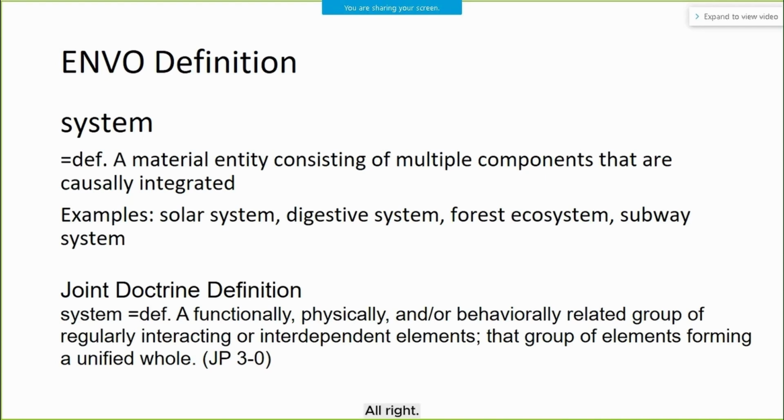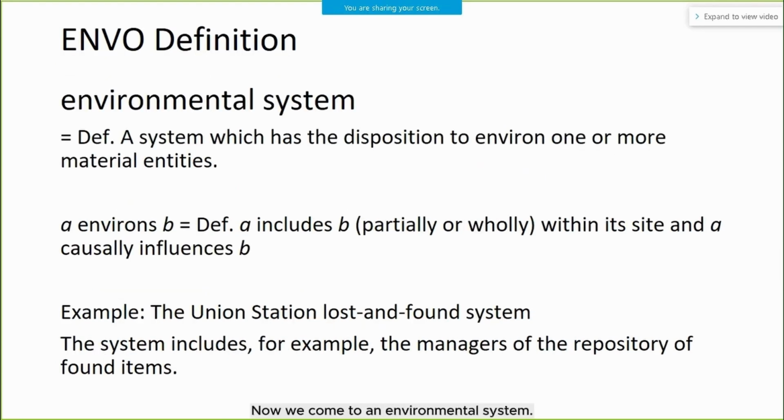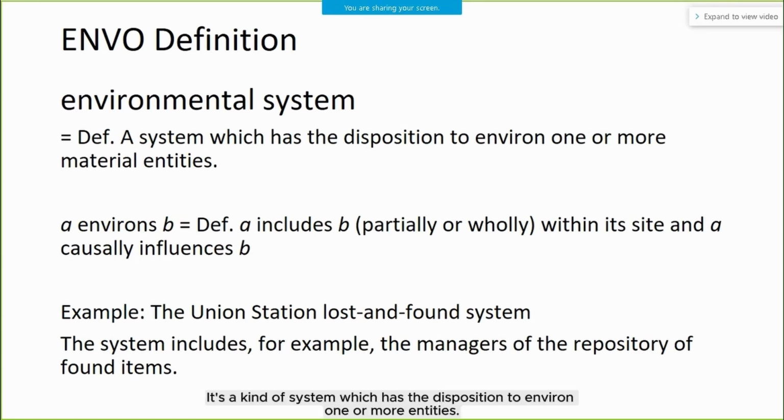All right. Now we come to an environmental system. It's a kind of system which has the disposition to environ one or more entities. Unfortunately, we have a definition. Environs means this.